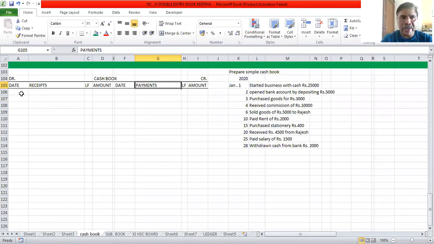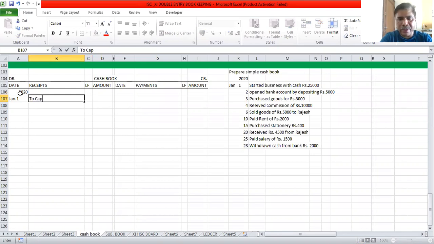In the date column, 2020, that is January 1st. See the transaction in the question on the right-hand side. January 1st: started business with cash 25,000. So here, does cash come in or go out? Comes in, debit side. What is the journal entry we used to pass for this? Cash account debit to capital account.